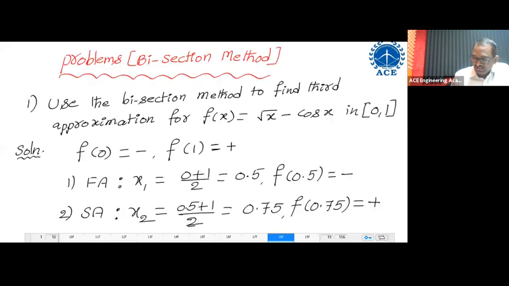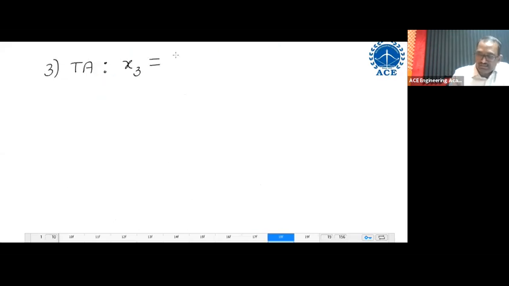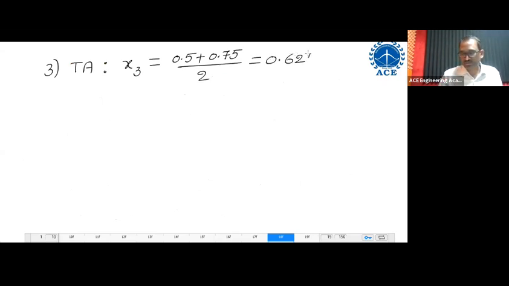Therefore, the third approximation, denoted by x3, is the average of 0.5 and 0.75. After simplifying, you will get 0.625. You are asked to find only the third approximation. So you can try that.